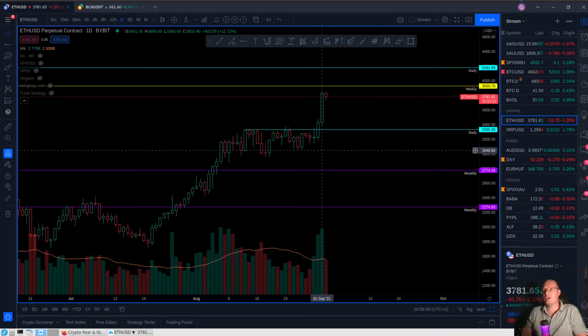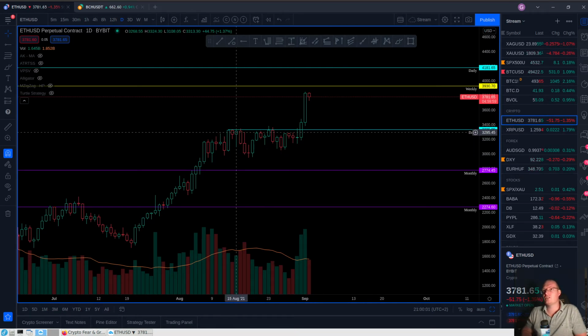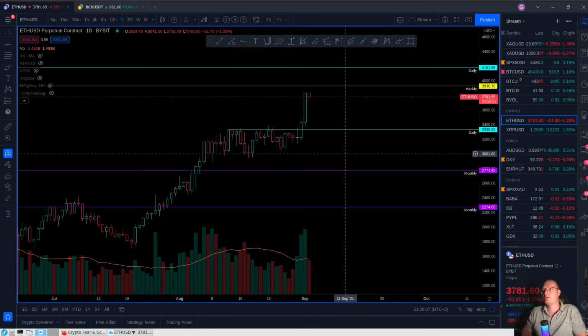So we still have the possibility, if we get a dump, that we get a retest of this daily, which was quite significant resistance here in the past 2 weeks. So a retest is still possible of the 33,335 region.